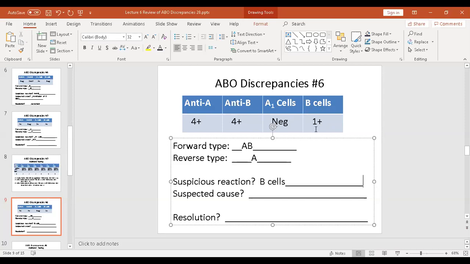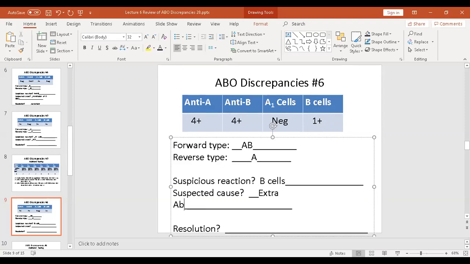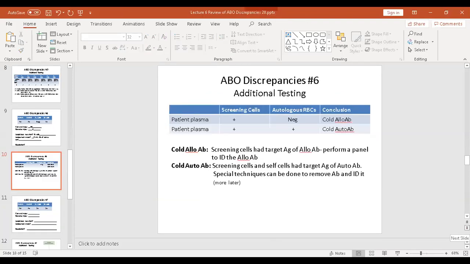And so we want to think that possibly our patient has an antibody that's reacting with some other antigen that just happens to be present on these B cells. Okay, so it's basically an extra antibody of some sort. Okay, so we're going to go to the next slide to resolve this.